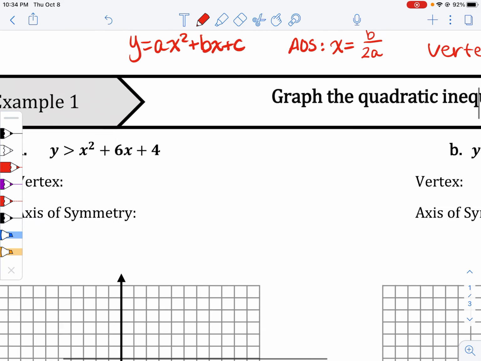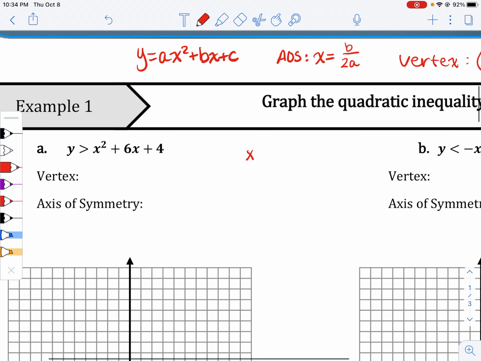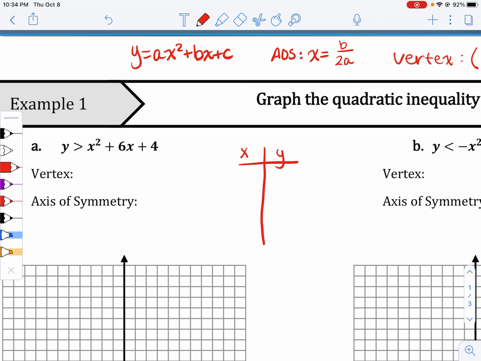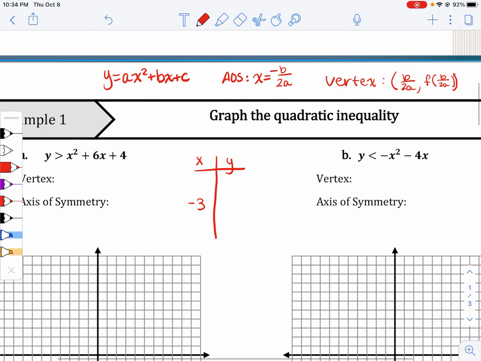I didn't give you a table here, x, y. We said that the axis of symmetry is at -3. You know what I just realized? This should be negative. Sorry, I forgot the axis of symmetry is x equals -b over 2a.